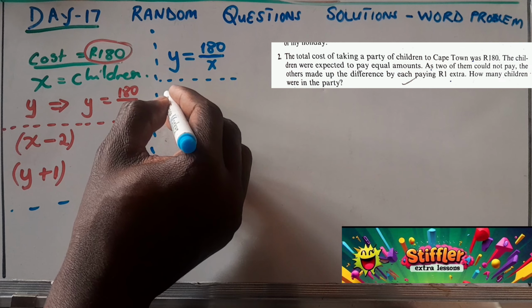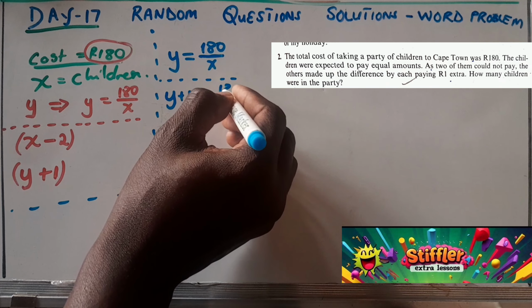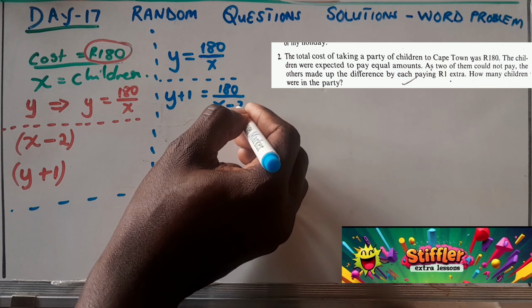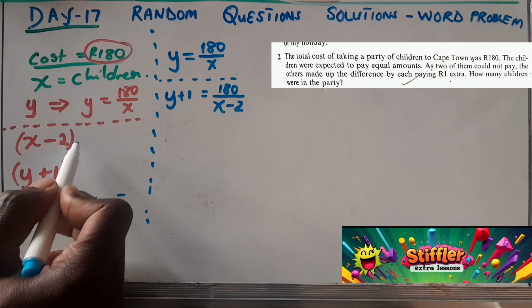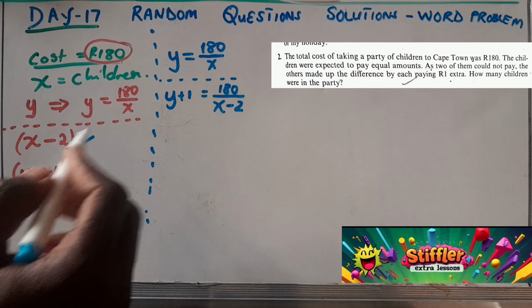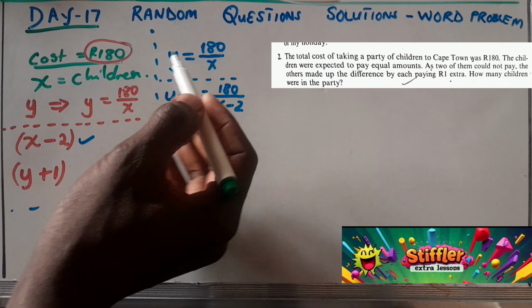But now each child was paying 1 extra rand because 2 could not pay, so the remaining kids were paying this much. So now we have a simultaneous equation, and we can solve for x and y simultaneously. So how can we work on that?